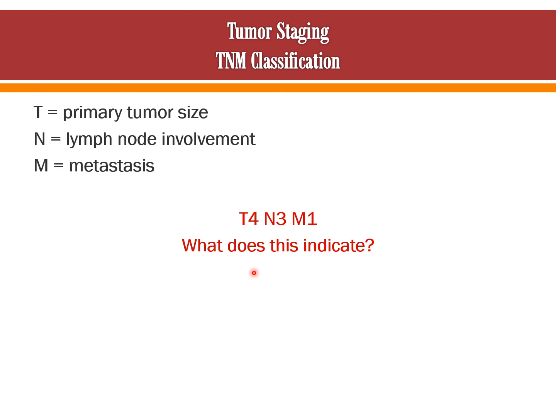If they diagnose you as T0, that means there's no evidence of primary tumor. They can't see it. It doesn't mean that you will never have one. You may later on, but right now they're diagnosing you as T0, so there's no evidence of primary tumor. If they have you as TIS, that means there's a carcinoma in situ.